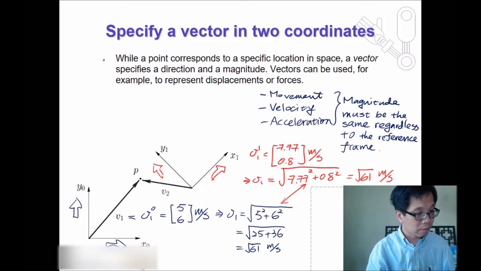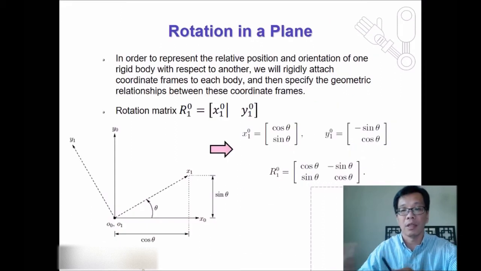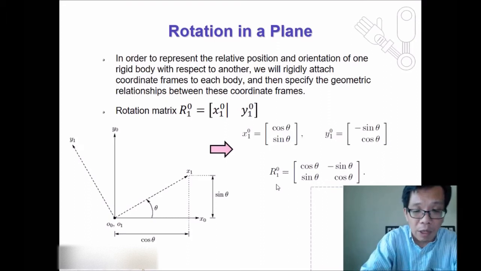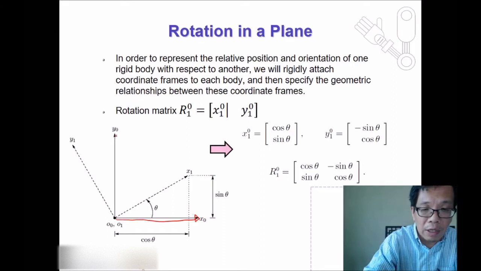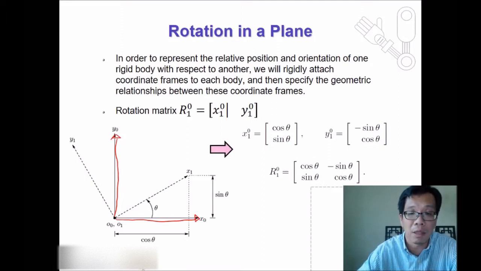So the next thing we're going to talk about is, okay, we know the concept. What are we going to do when we have different coordinate system? Let's talk about rotation a little bit. So if I got x0, y0 over here, and I get another x1 and y1 over here. Based on this configuration, it is straightforward.